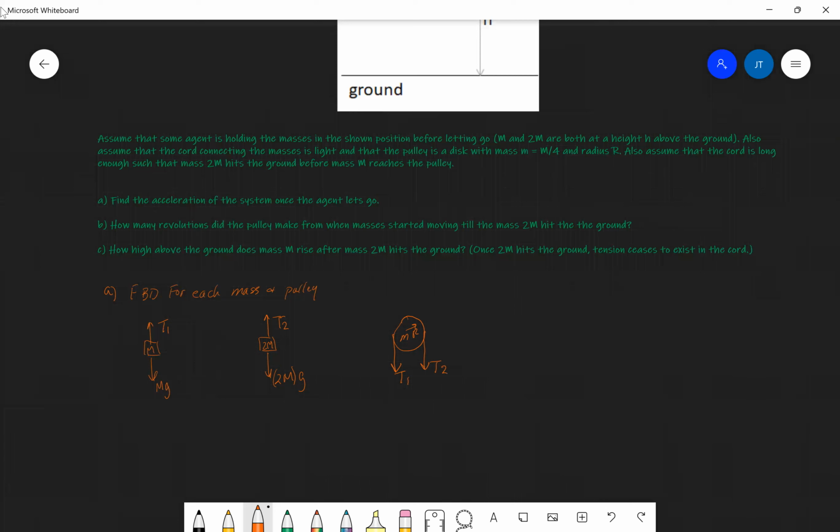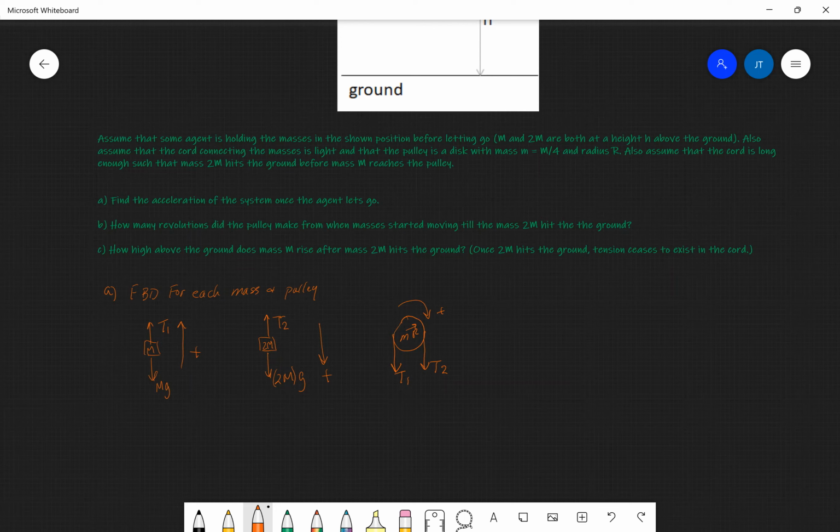Now, obviously, the system is going to move clockwise, so that's the positive for the pulley. For this one right here, positive is down. For this one, we're going to take positive as up. We always take positive in the direction of the acceleration.